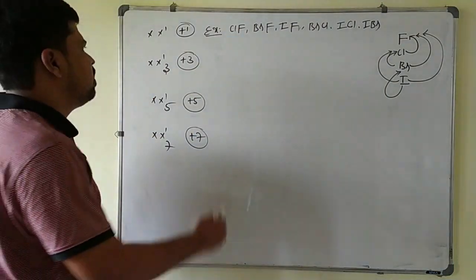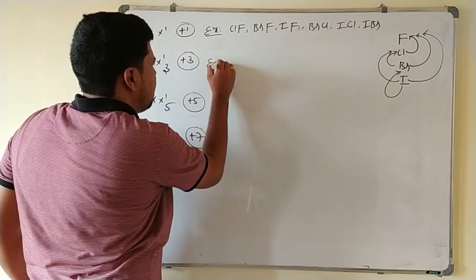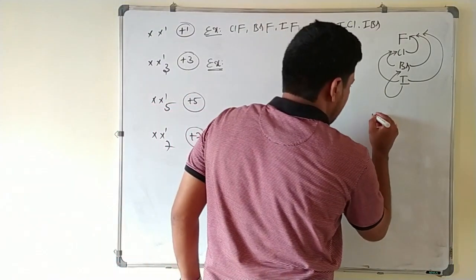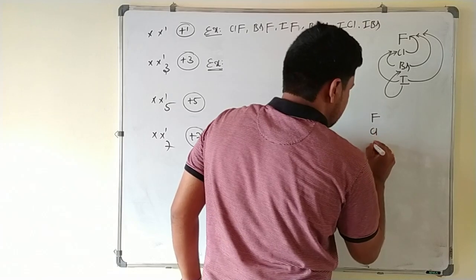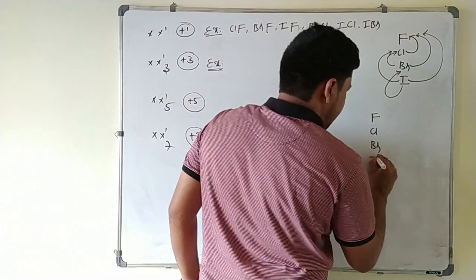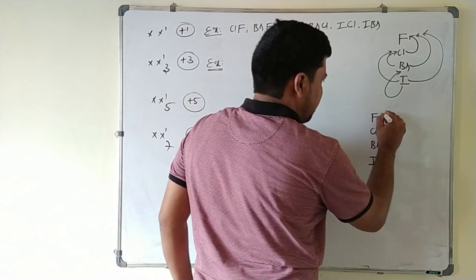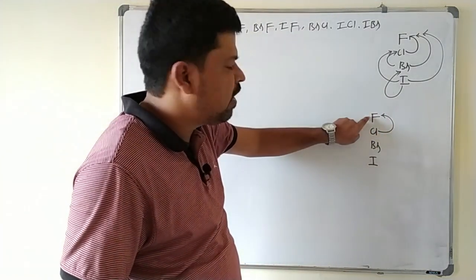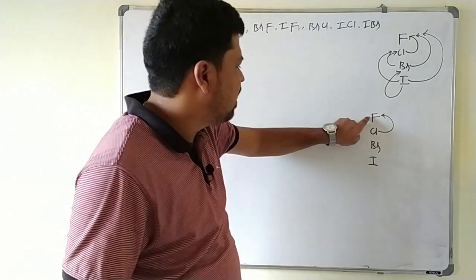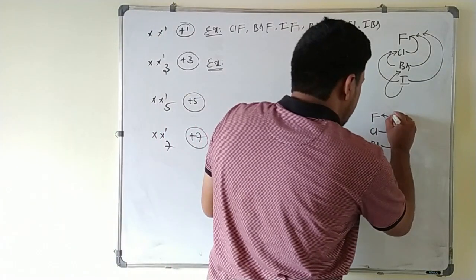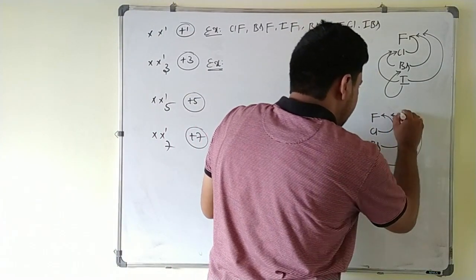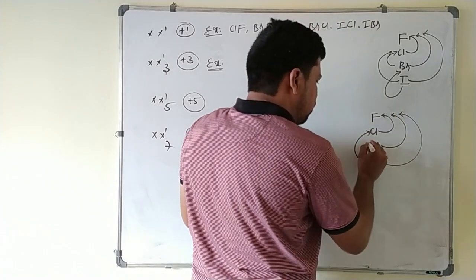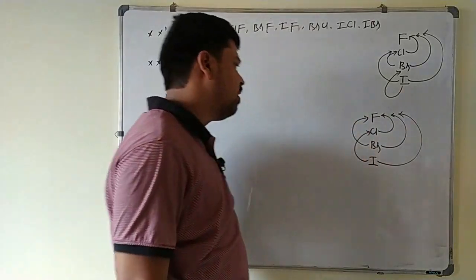Next, in the case of XX'3, we can write another possibility with F, Cl, Br and I. ClF3 is formed. The central atom has +3 oxidation state, meaning it must be connected to 3 atoms. BrF3 is also formed, IF3 is also formed, and ICl3 is also formed.